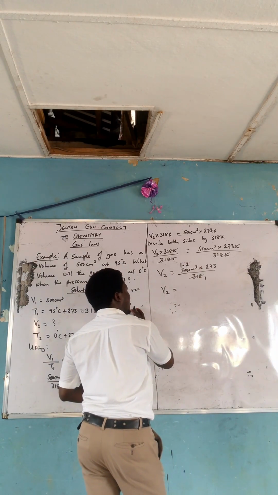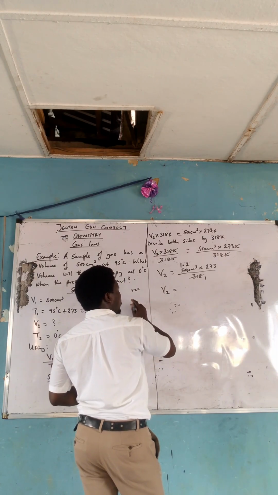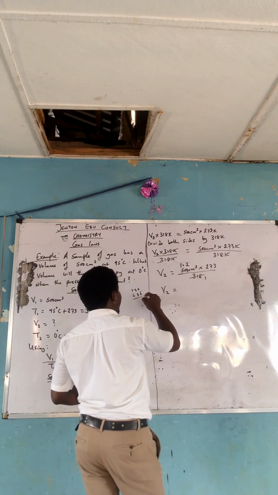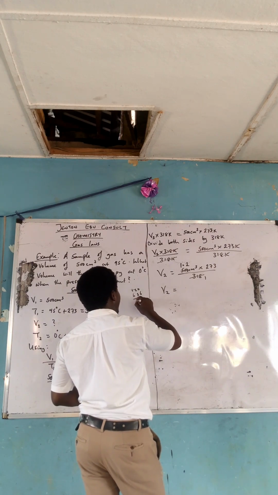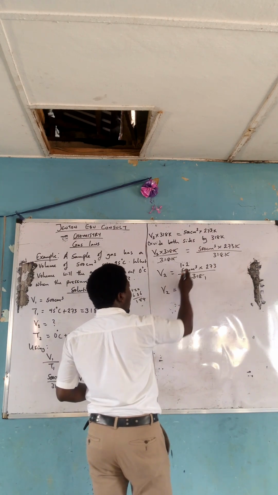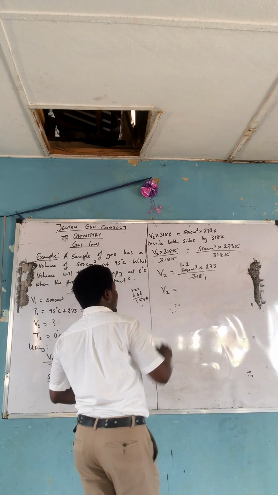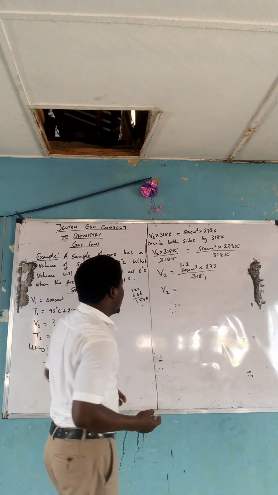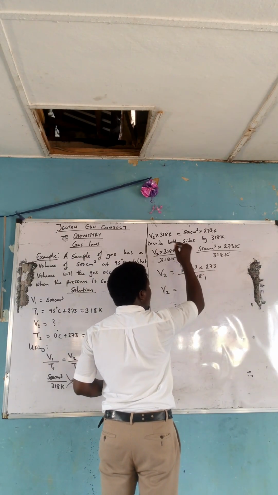That's 636, and we have 184 remaining. So approximately we should be having 1,840 divided by 318, so this should be approximately 1.3.